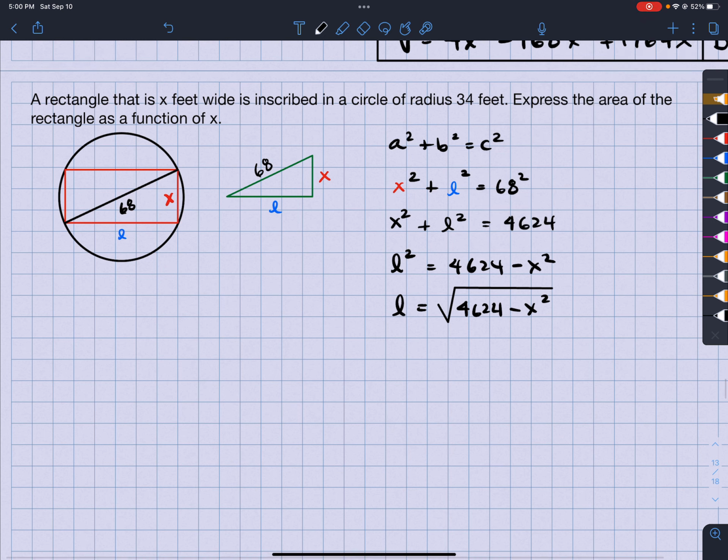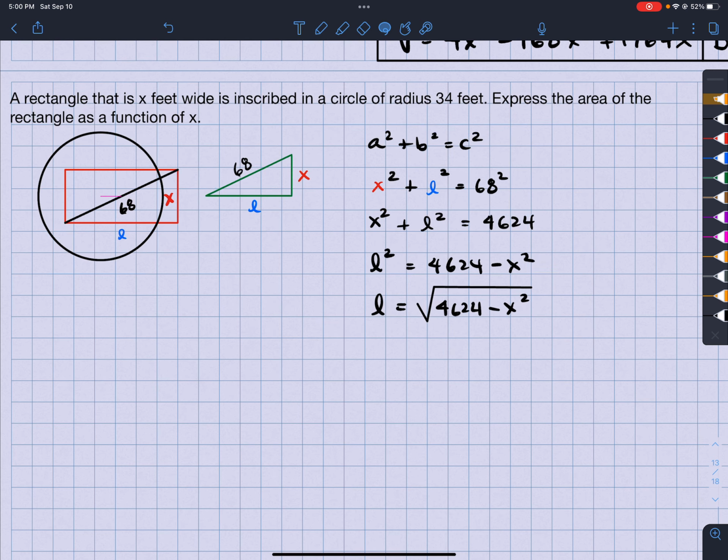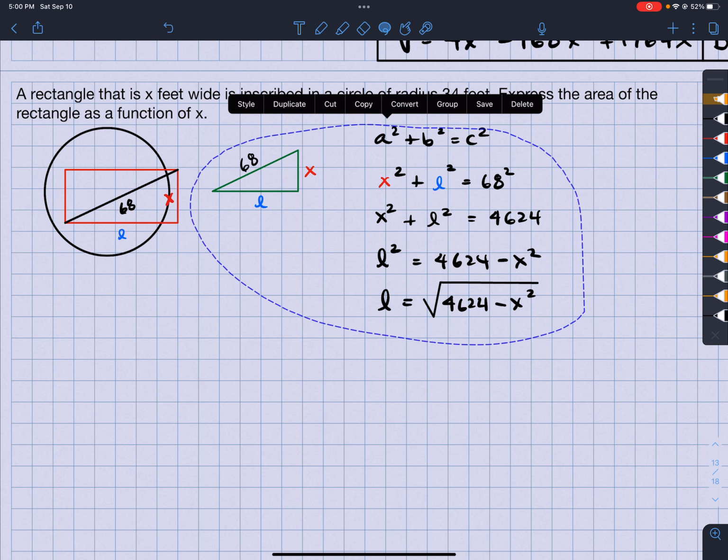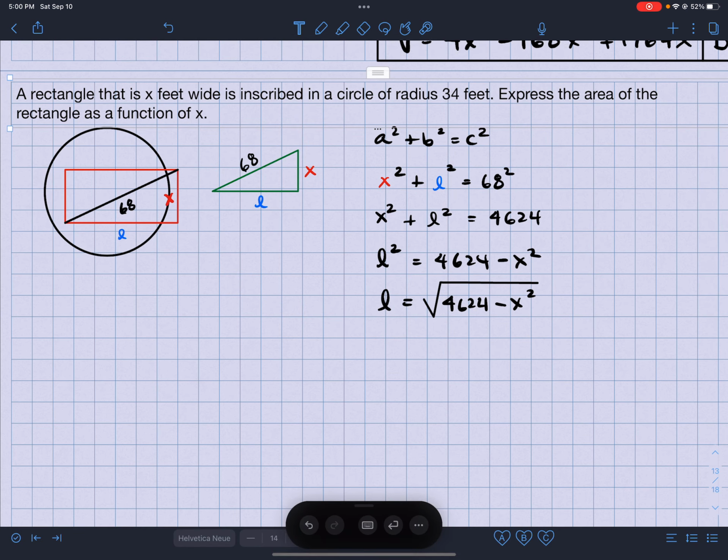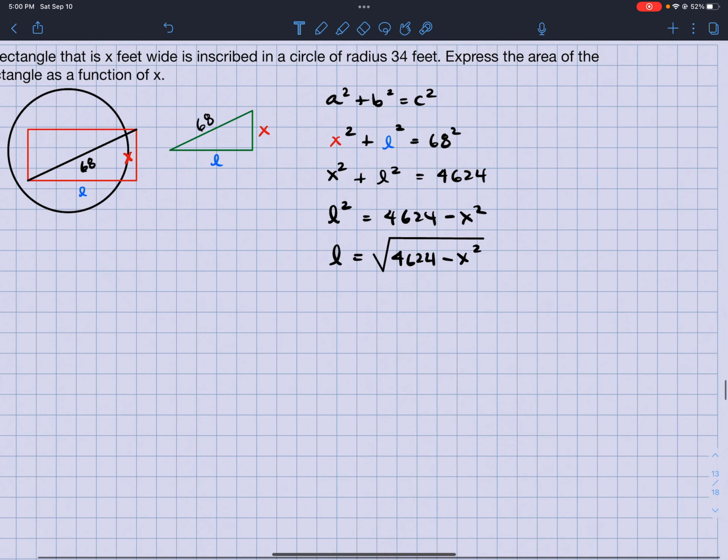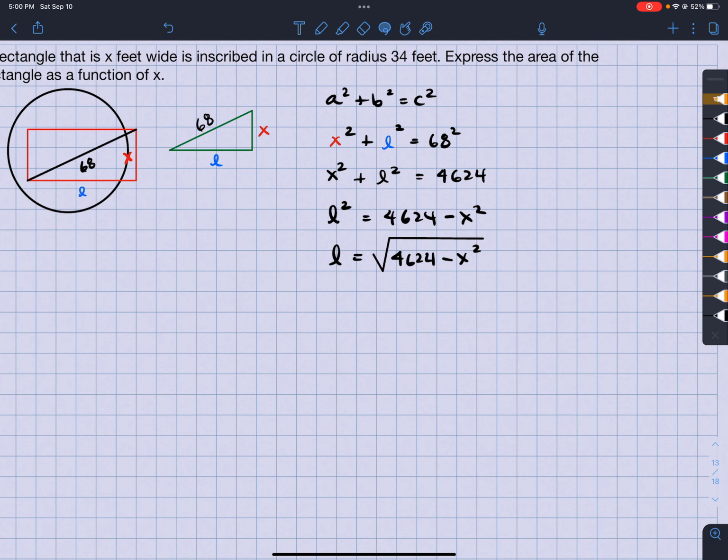So what do I know about the area of a rectangle? Let me reorganize a little bit here. Ooh, look at how close that is.